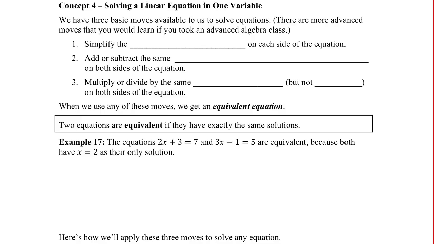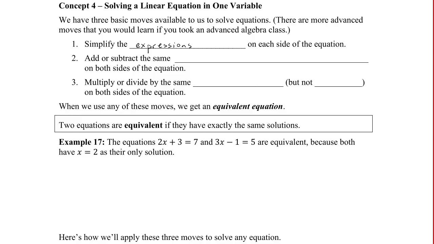So the three moves that we have available to us to solve any equation are: first, we can simplify the expressions on each side. So if we have a complicated expression on one side of an equation, we can simplify that expression to get a simpler equation. Second, we can add or subtract the same thing on both sides.